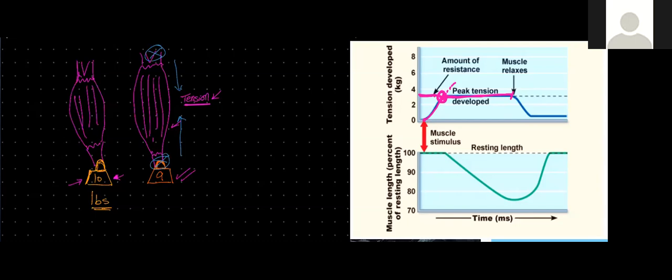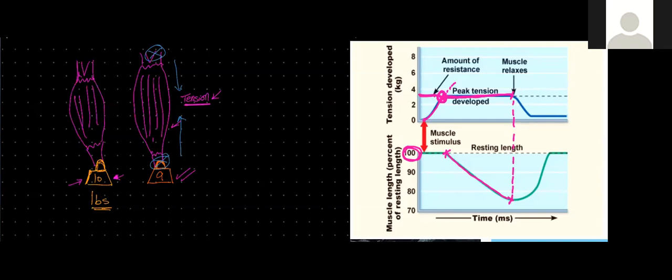During this time, when I have the constant tension in the muscle, what's going to be happening in the length of the muscle? In order to create this tension, remember, you're going to be shortening the length of the muscle. So the length of the muscle is going to be reduced. So if, let's say, the length of the muscle is 100 centimeters.